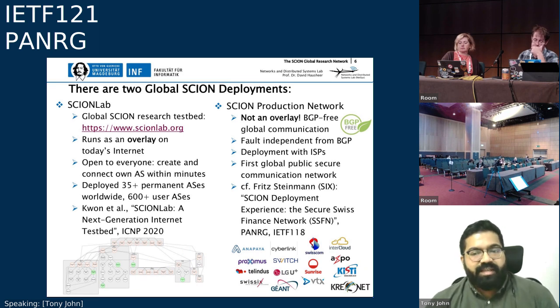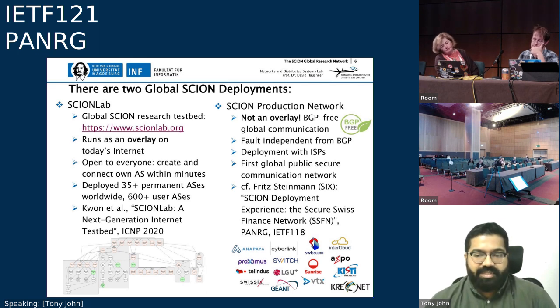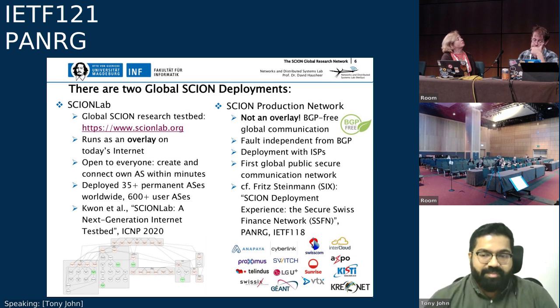So today, SCION operates two global deployments. One is SCION Lab, which is an overlay testbed running as an overlay on today's internet. It allows users to establish autonomous systems within minutes. In this, we have over 35 permanently deployed ASes around the world and a large number of user ASes as well.